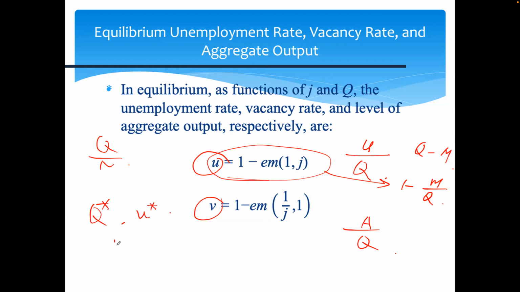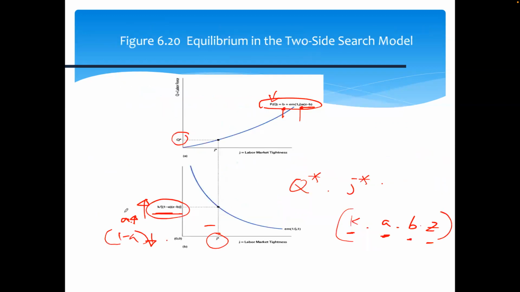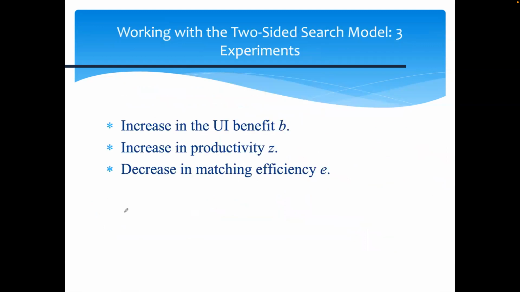And certainly we already have a wage rate. So now we are going to use this two-side search model to understand the determination of the unemployment rate, or to understand if there's something changed in our economy, how the economy is going to respond. We're going to look at three possible scenarios: change in unemployment benefit, change in productivity, and a change in matching efficiency.